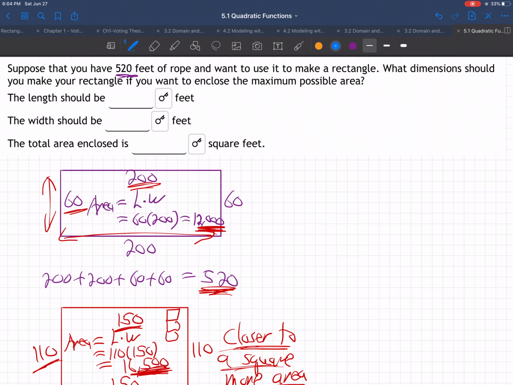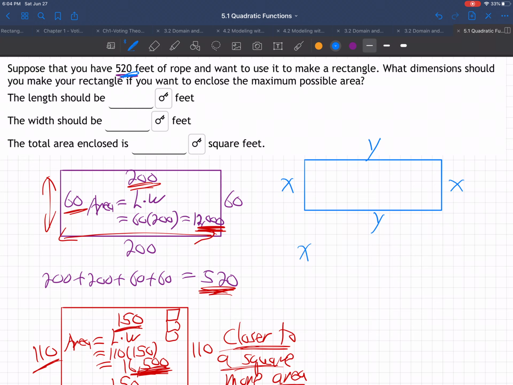So let's say we're going to make this rectangle x by y, because we don't know what the dimensions are, do we? We're going to use variables now instead of specific numbers. Then this side would also be x and this would be y. So what do we know? There's 520 total feet of rope.